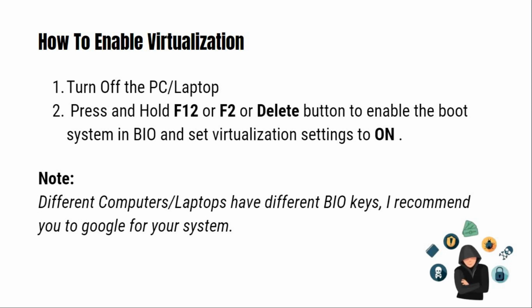The BIOS is the program that executes when you press and hold the special key that works for your computer system, and after that you can enable virtualization in your BIOS settings. You can also Google or YouTube it to find the best solution for enabling virtualization on your computer system. So let's see.